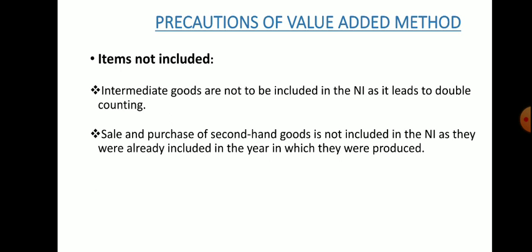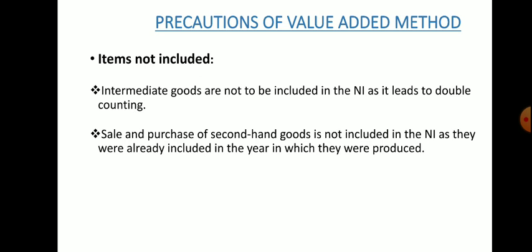Okay, sale and purchase of second hand goods should not be included. Why? Because that is a second hand good. During the first hand transaction, when the brand new product has been sold, at that time we have already taken the value of that product in the national income calculation. Reselling it is different.